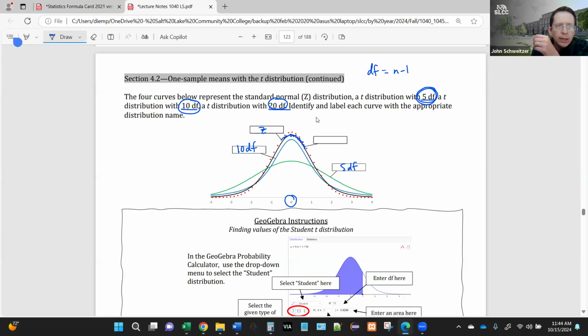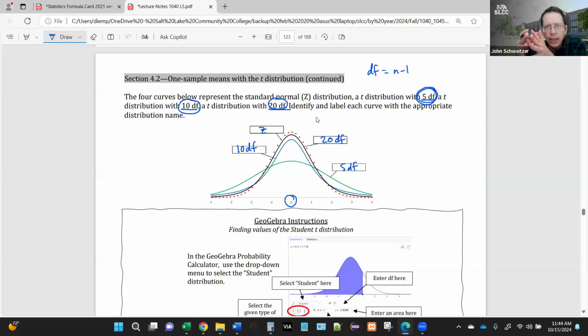Its peak is not quite as tall as the dotted z distribution, but it's pretty close. And if we look out in the tails, it's a little bit thicker, a little bit taller than the standard normal, but not too much taller, right? So it's still a little bit thicker in the tail than the z distribution, but it is starting to converge there. So that would be our 20 degrees of freedom.